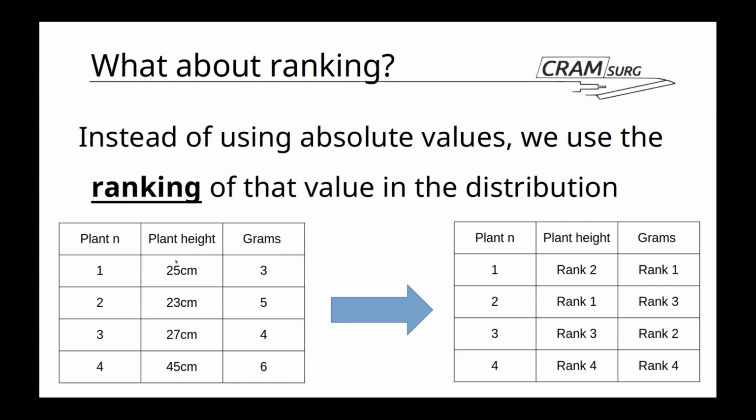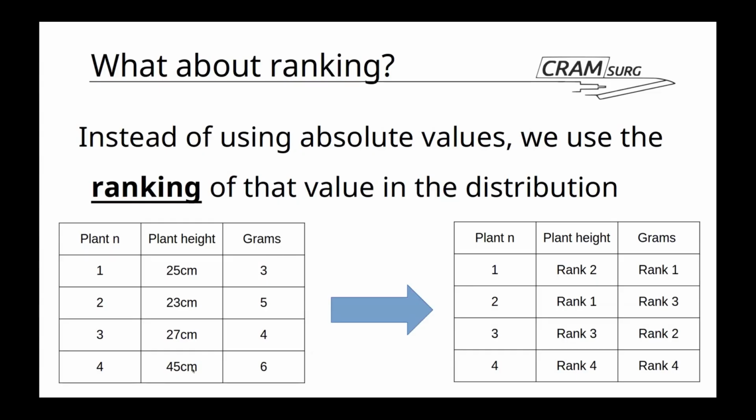You've got some plants here that are fairly homogeneous, so 25, 23, 27 centimeters, then a crazy tall plant. And you can see that they produce 3, 5, 4, and 6 grams each. When you have a value like this, your correlation matrix will be fairly upset by it.